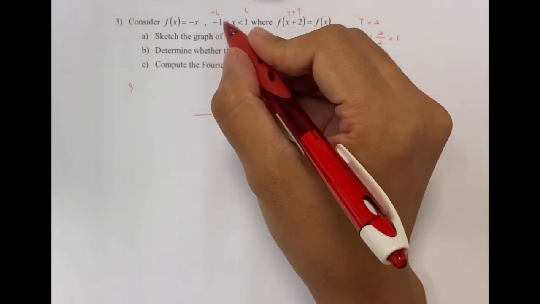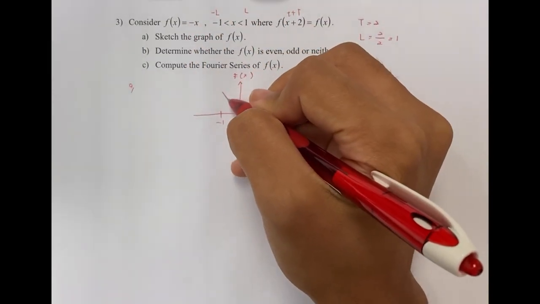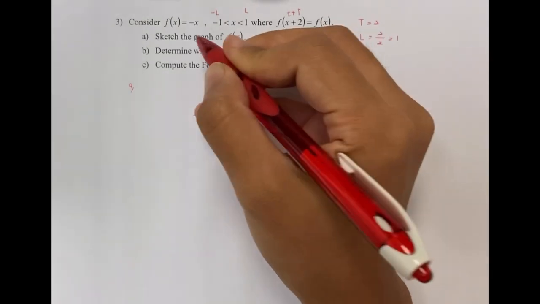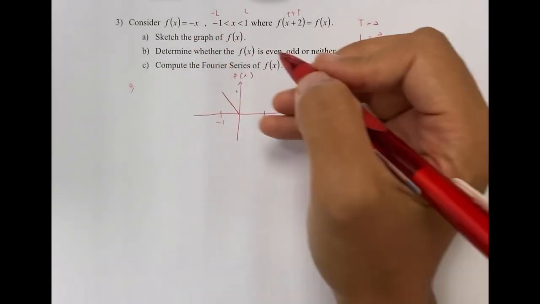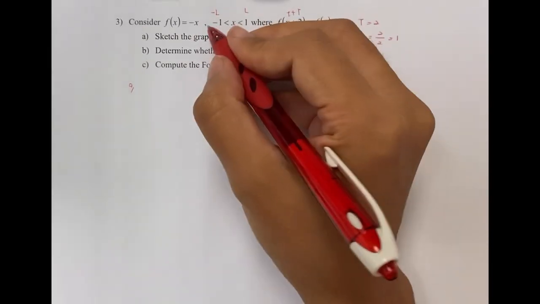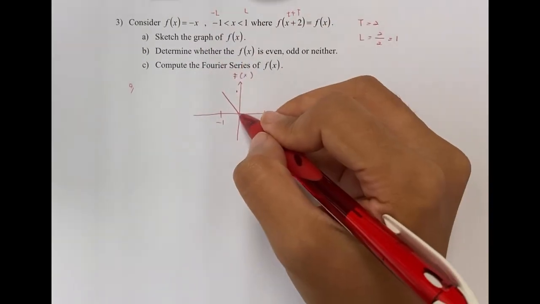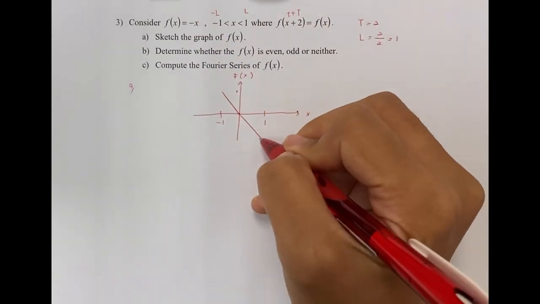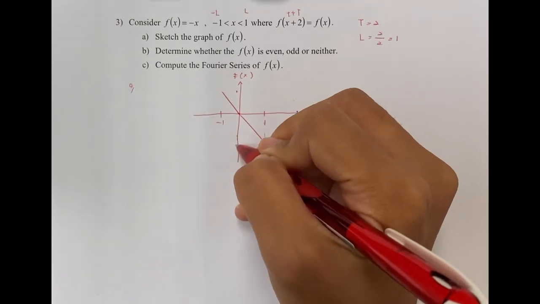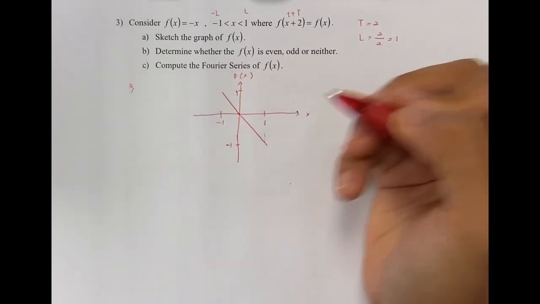So if x equal to negative 1, f(x) becomes 1. And then x equal to 0, f(x) is 0. x equal to 1, your f(x) equal to negative 1.